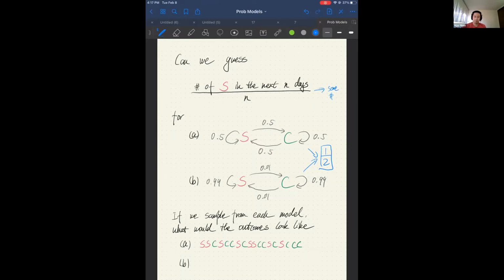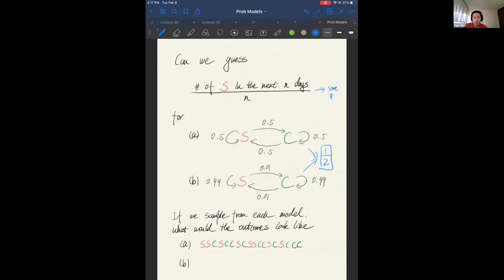And if you look at A closely, the model from A is exactly the coin flip model, where the weather is decided by a coin flip, where each time the probability is 1/2 between S and C. So now both of these models give us the same ratio, 1/2.